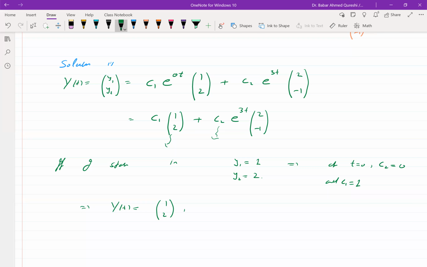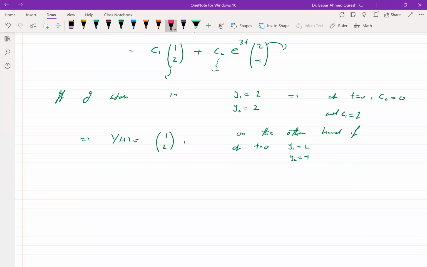Nothing changes over here. y(t) is a constant which never changes. On the other hand, if at t equal to 0, y1 was 1 and y2 was minus 1, then C1 is 0 and C2 is 1.